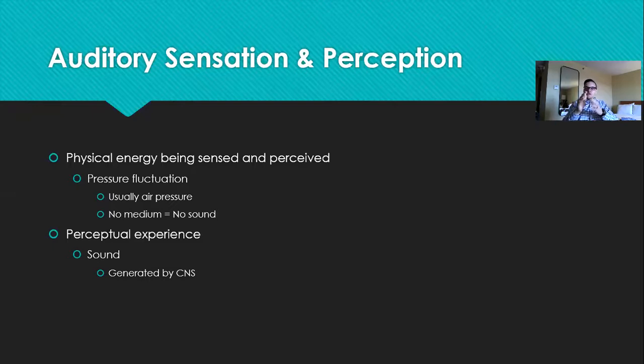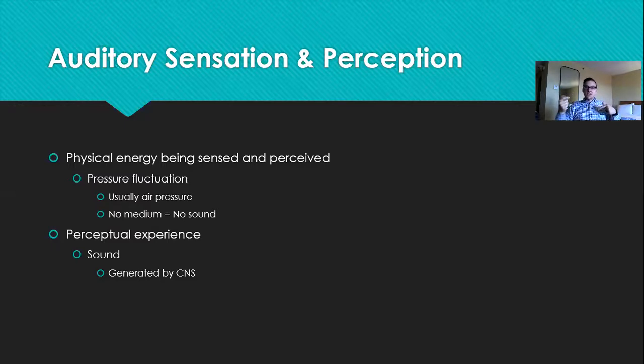And so when you have these alternating sequences of rarefaction, meaning they get spread out, and compression, meaning they get pushed together, you get a vibration, and that vibration changes in pressure. Again, in air, then it's air pressure.